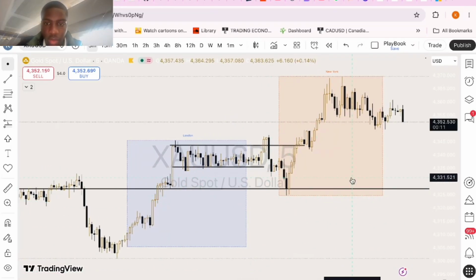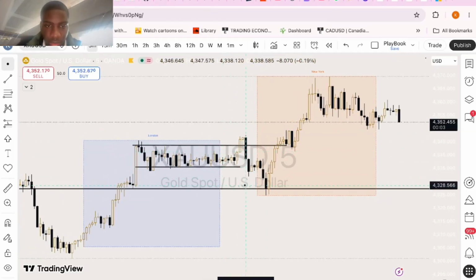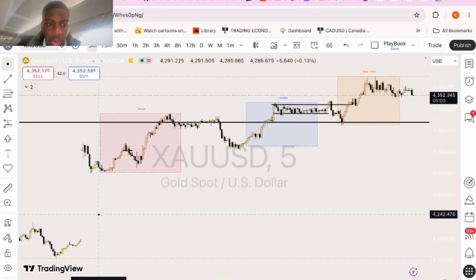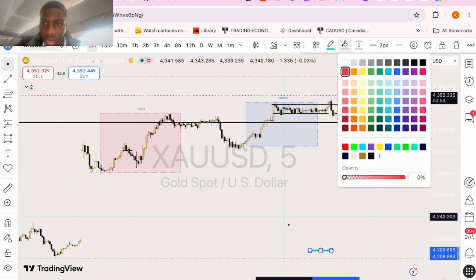So let's look at an example of that on gold today. And like I said, it usually happens in the first trading hour. If we look at gold today, from the open, the market gapped up at the open of the trading day.